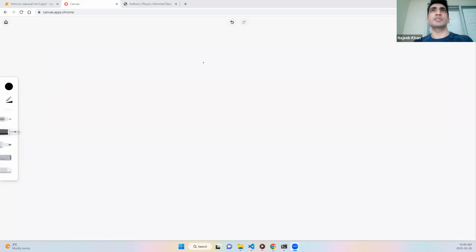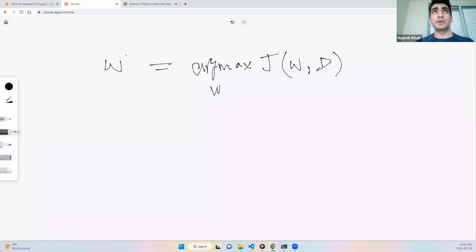That's a good question. As we mentioned, we need to do this optimization of the cost function with respect to weights, given the data, and we need to find this W star. In some cases, this optimization can be done in closed form. For example, with linear regression, we can provide a closed form solution called the normal equations.